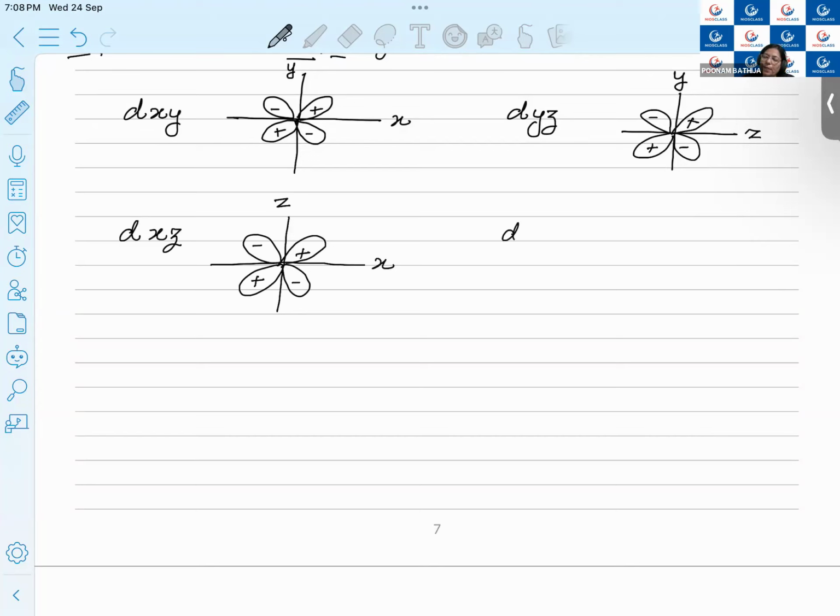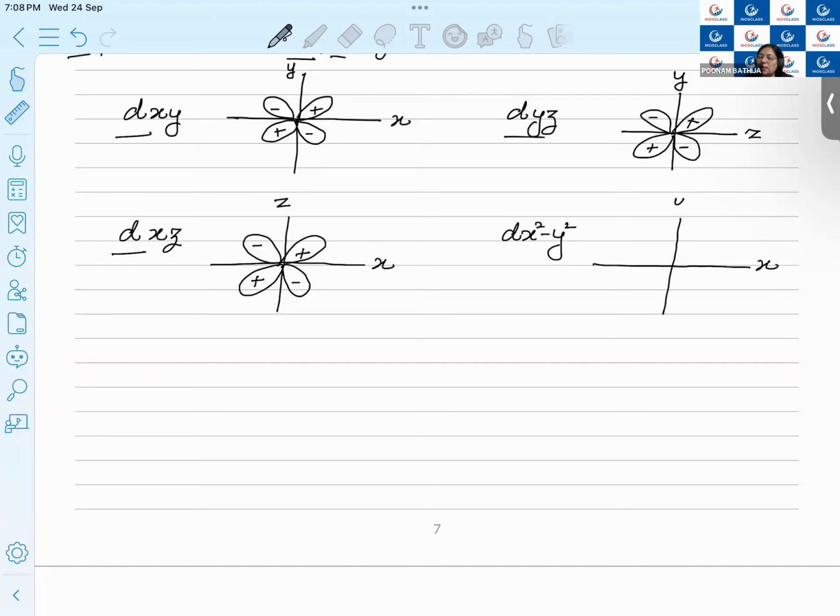The next one is dx square minus y square. Look, these are the 3D orbitals which have their lobes in between the axes. Now we have the fourth one, which has its lobes along the axes.